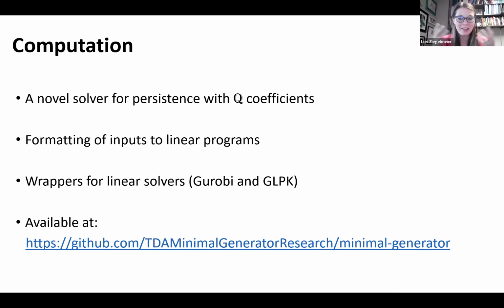So that really highlights some of the need for software like Exact to be able to flexibly work with a boundary matrix in a nice way. And then, of course, we formatted inputs to linear solvers, and then we used two commercial solvers to do the minimization, Gurobi and GLPK, but they are free for academic users.